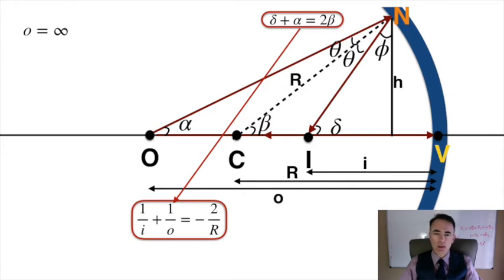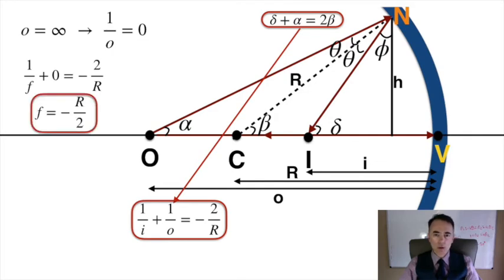Because an object placed at infinity means that this fraction is 0, I get that the focal point is minus R over 2. This will be positive for a convex mirror and negative for a concave mirror. I define f as negative R over 2, and then I can write the mirror equation as 1 over O plus 1 over I equal to 1 over f.